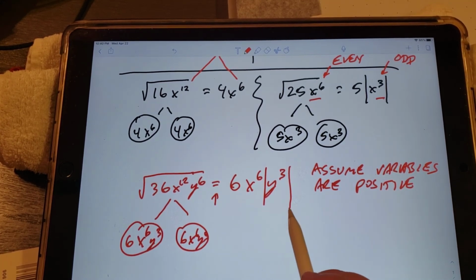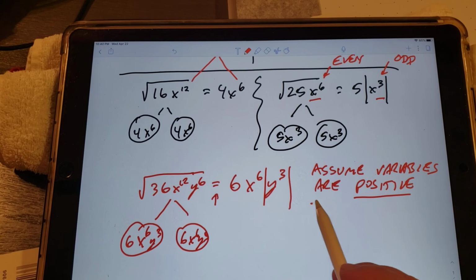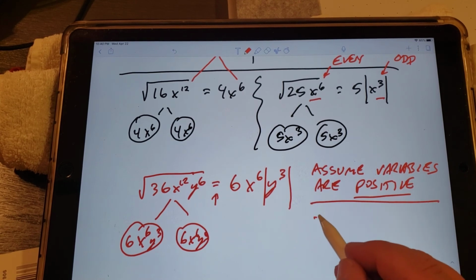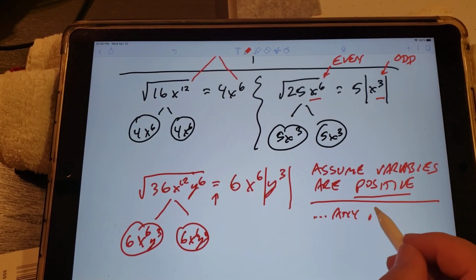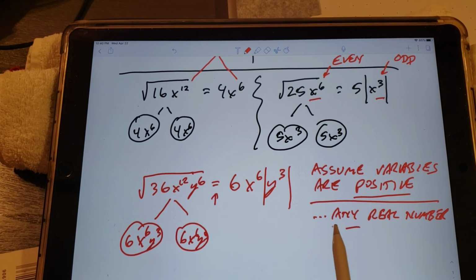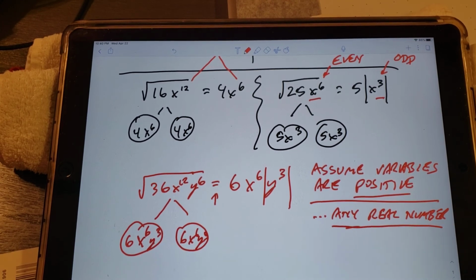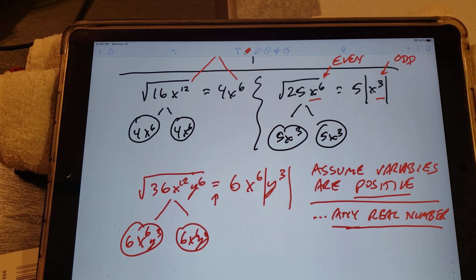Leave the absolute values off, because we don't want to put absolute values on a positive variable. But if they say, assume all variables can be any real number, I'm going to say that there's a 100% chance that they want you to put an absolute value somewhere, because any real number means positive or negative, and they're trying to give you a hint in the instructions that we want absolute value.